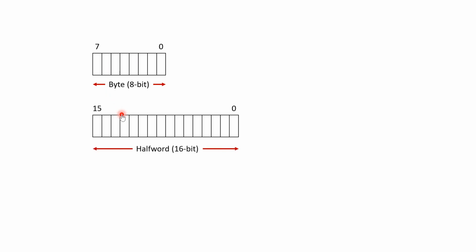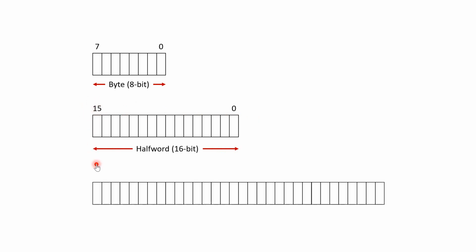This is called bit 0, bit 1, bit 2, bit 3, bit 4, bit 5, bit 6, and bit 7. Meanwhile, for the halfword data, this is bit 0 and here is the last bit, which is 15. As for 32-bit data of word size, the last bit will be bit 31.